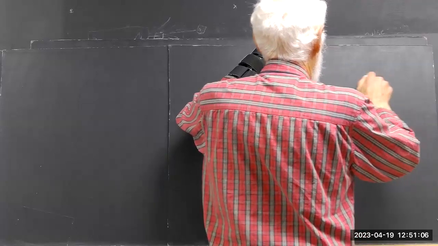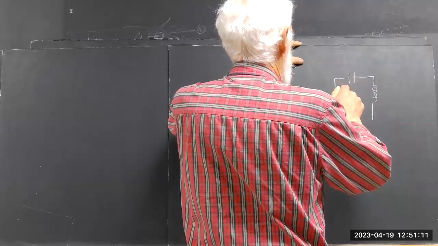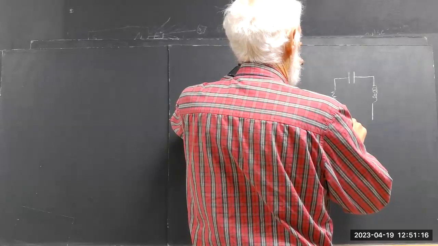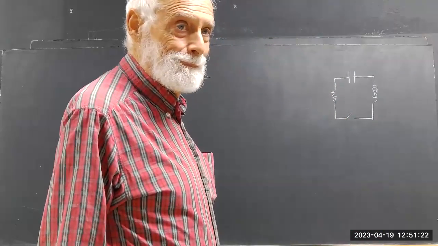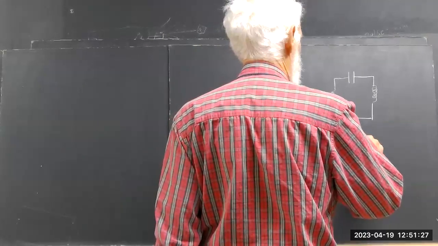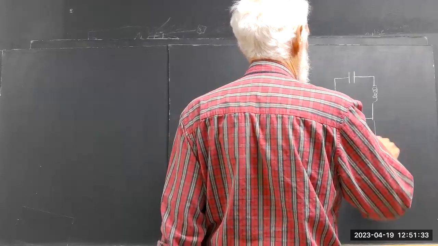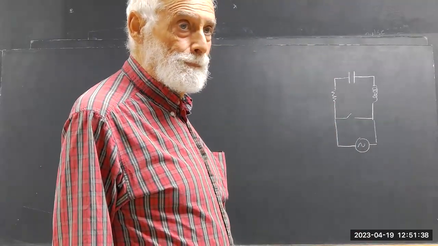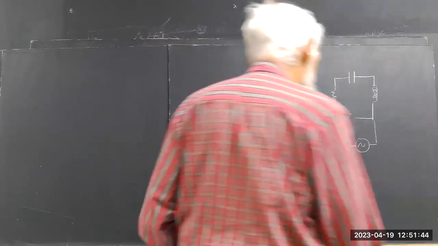See this picture in your book, you've got a capacitor and an inductor and a resistor. Switch. In parallel with that, you've got an AC source, or some kind of a source. Actually, it's like this, a direct current source.